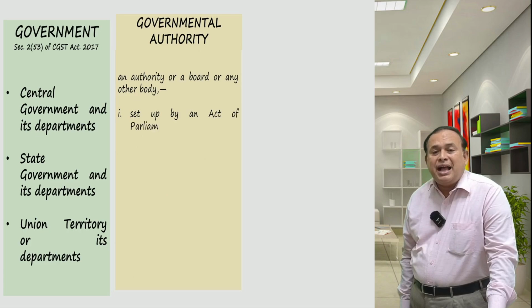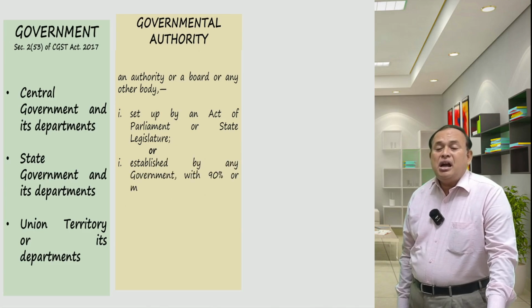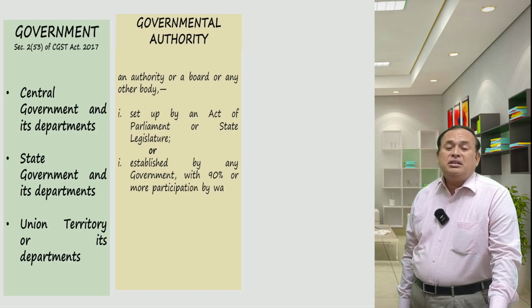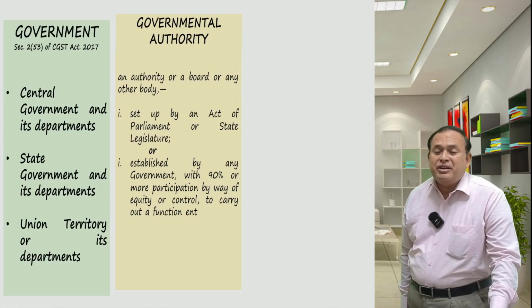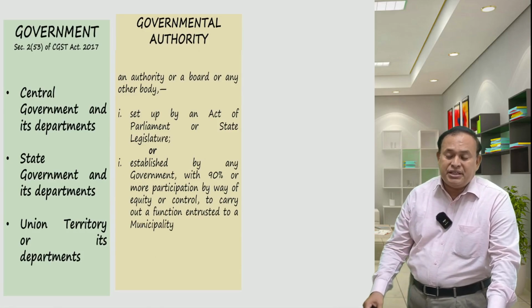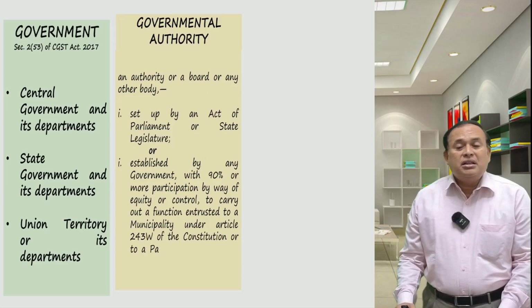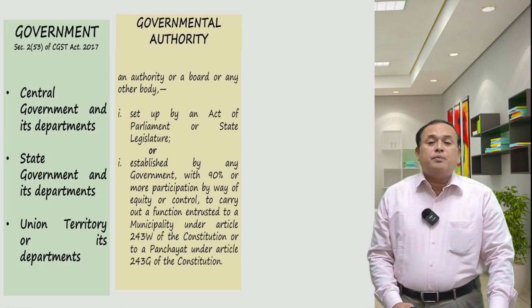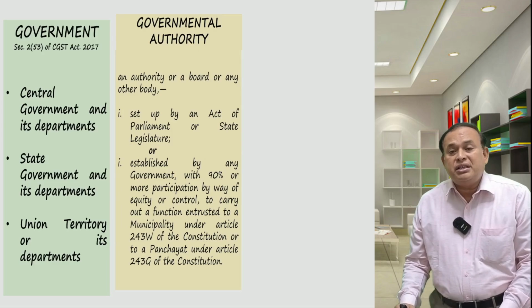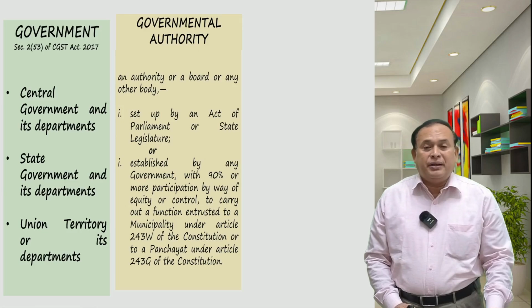Governmental authority means an authority set up by an act of the parliament or state legislative assembly, or one where the government has invested by way of equity not less than 90% of the equity shares or not less than 90% of voting rights, and that institution is meeting the objectives of Article 243G or Article 243W of the Constitution of India.